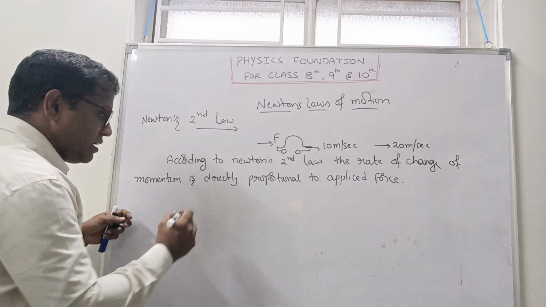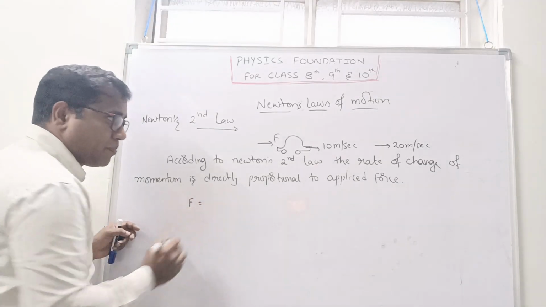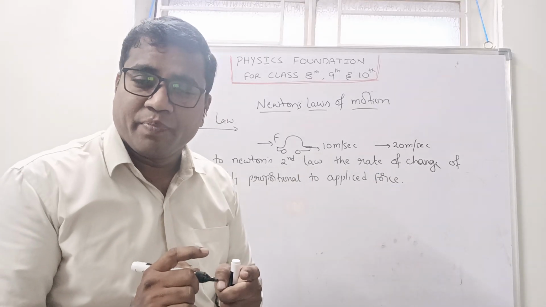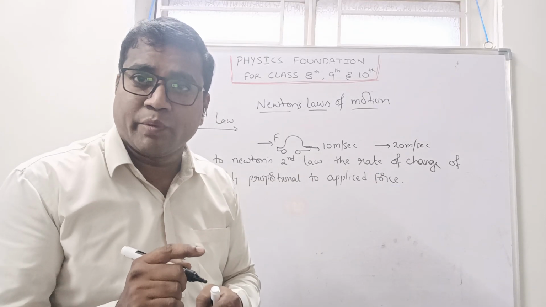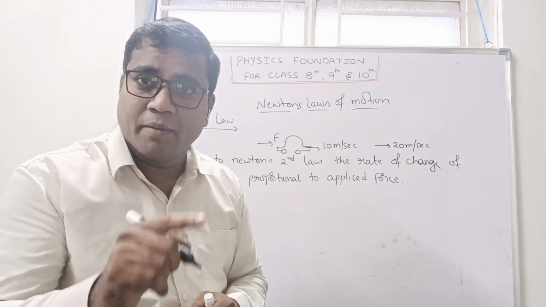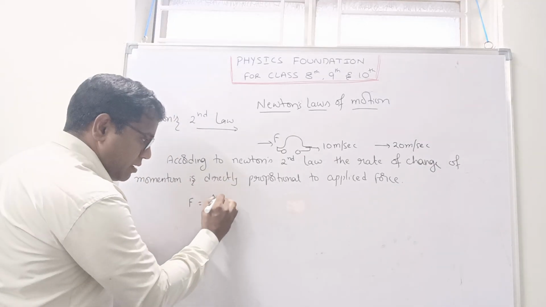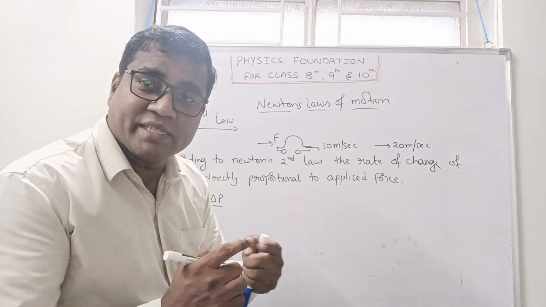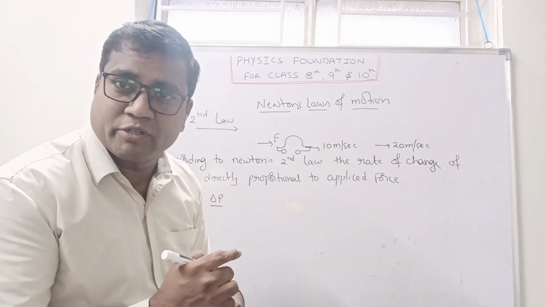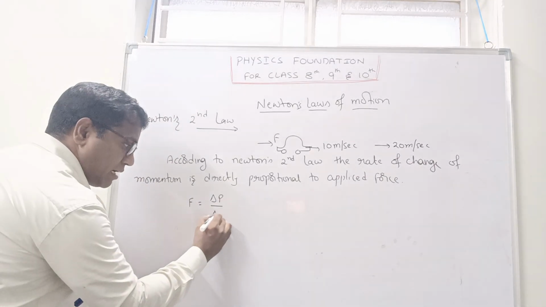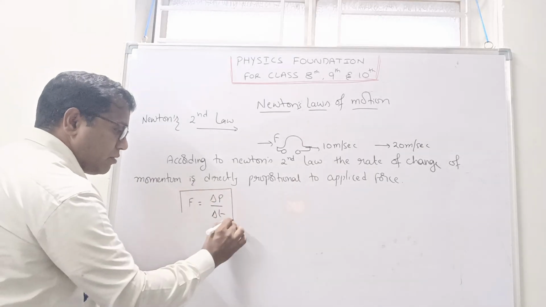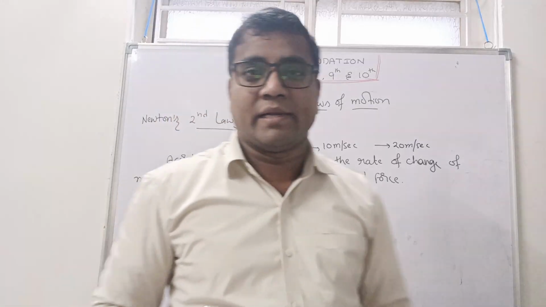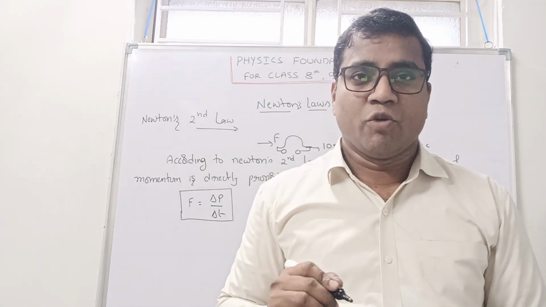That means here F is equal to the rate of change in momentum. What is the meaning of change in momentum? In the last class itself, we learned that change in momentum is nothing but delta P. The rate of change is measured with respect to time, so I will write delta T. Very important formula: F is equal to delta P by delta T. I hope you understood, right?